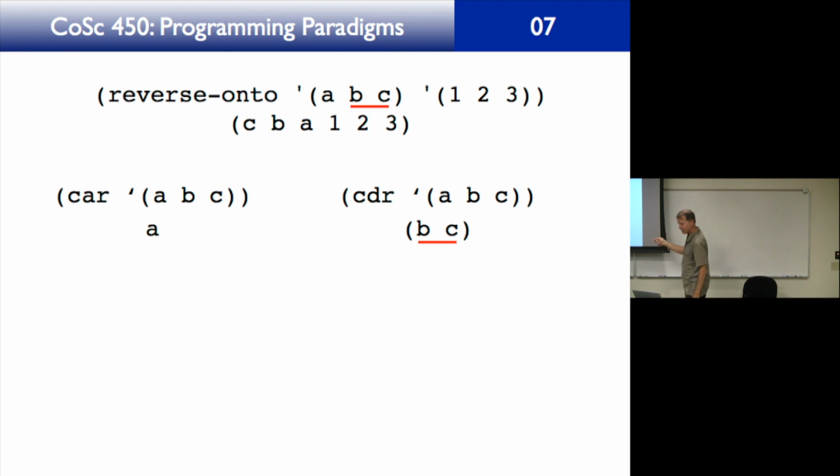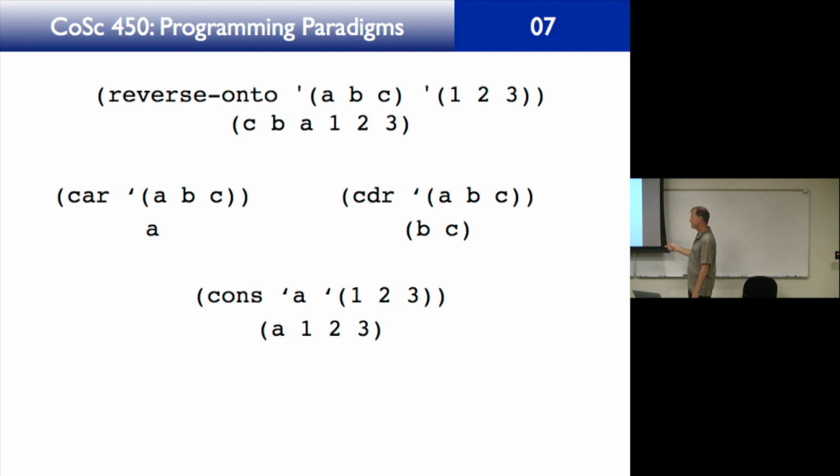So here, well, yeah, I take that back. If you cons A onto the 1, 2, 3, then that's A, 1, 2, 3, and then what do you do with that? You reverse onto.